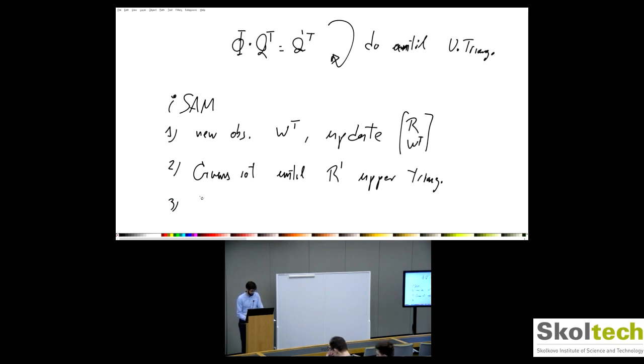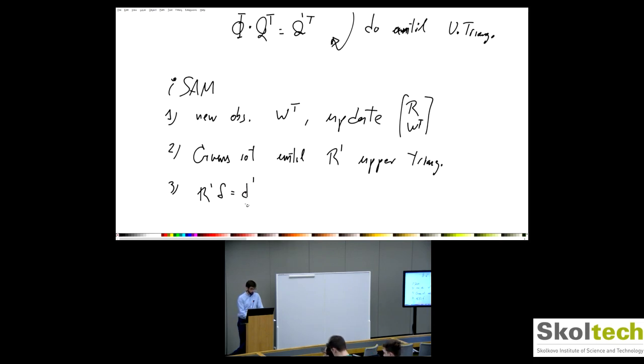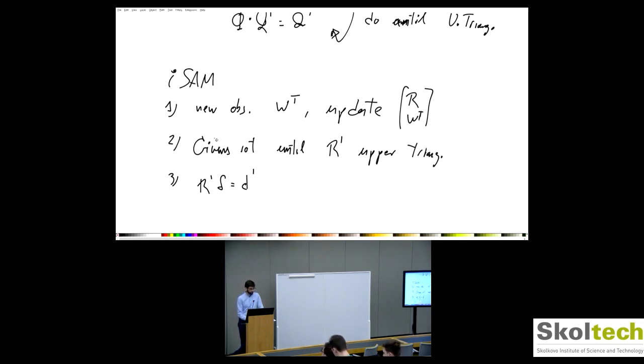And then we just solve this again. Right? So it depends on the nature of this problem. This can be easy. It could be just several Givens rotations, or it can be thousands, right? So we don't really want to do a lot of them. Maybe it's better just to refactorize again. But if it's few of them, this is still very efficient.